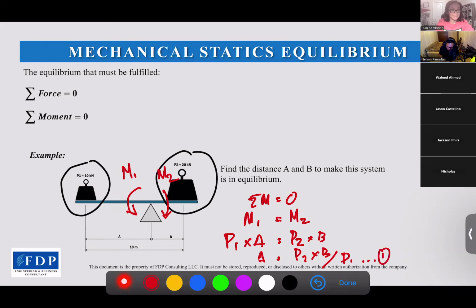And then if we use total force equals zero, then the total force will be P1 plus P2 equals, there will be a reaction from here, let's say P. So P1 plus P2 equals P. That's the second formula we have.